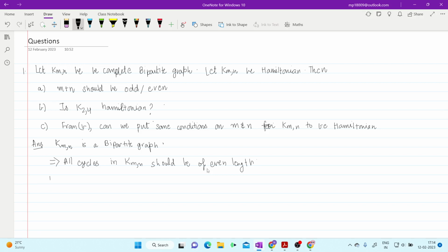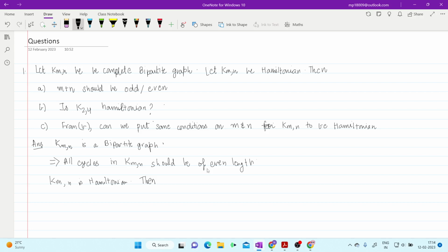And we are also assuming that Kmn is Hamiltonian. So if Kmn is Hamiltonian, then what is the definition of a Hamiltonian graph? If Kmn is Hamiltonian, then we can guarantee a cycle of how much length?